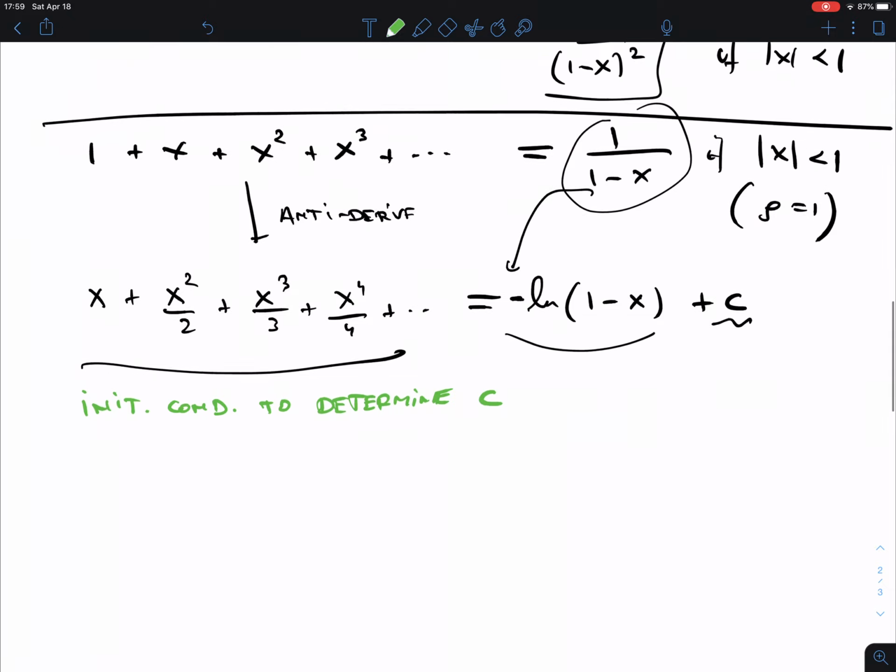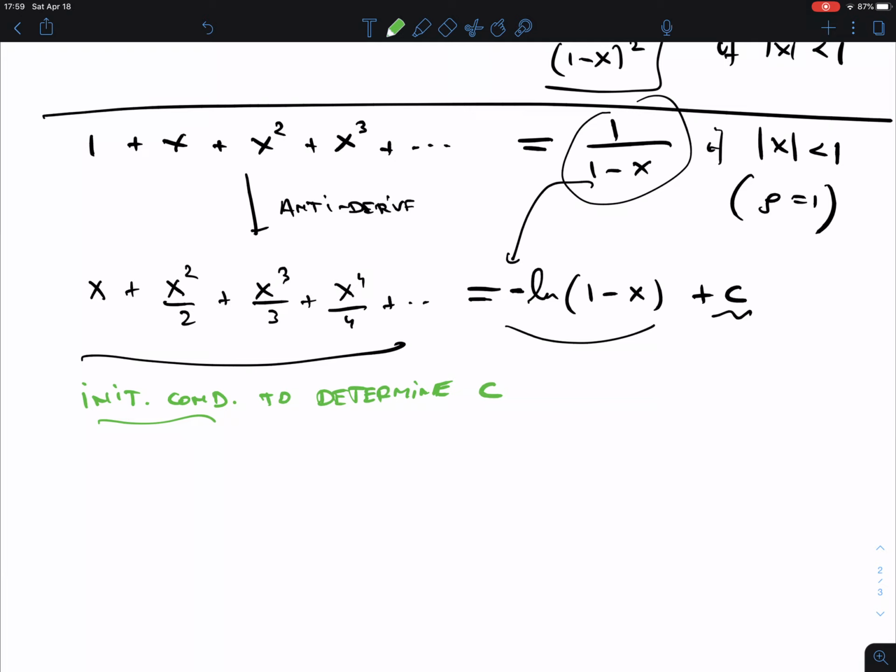How do we do that? Well, the initial condition for us is exactly x equals 0. More generally, again, I concentrate on series with center 0. If you had a series with a different center, then that would be the initial condition. The center is the original condition, but this is 0 here.